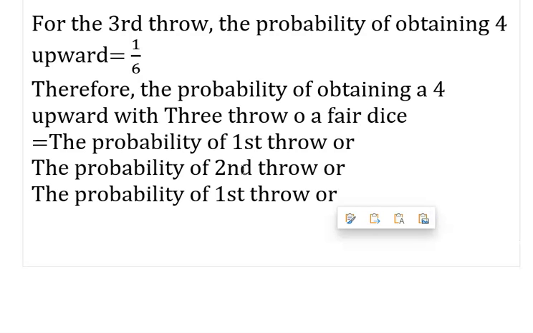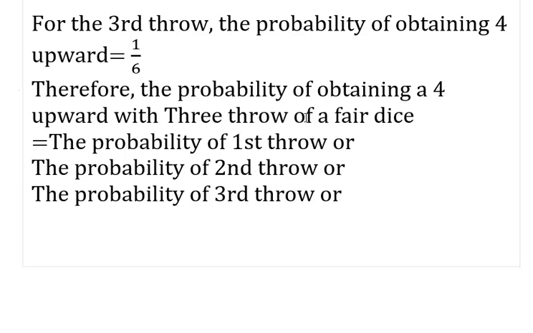Awesome. So, therefore, the probability of obtaining 4 upward with 3 throws of a fair die will equal the probability of first throw, or the probability of second throw, or the probability of third throw.